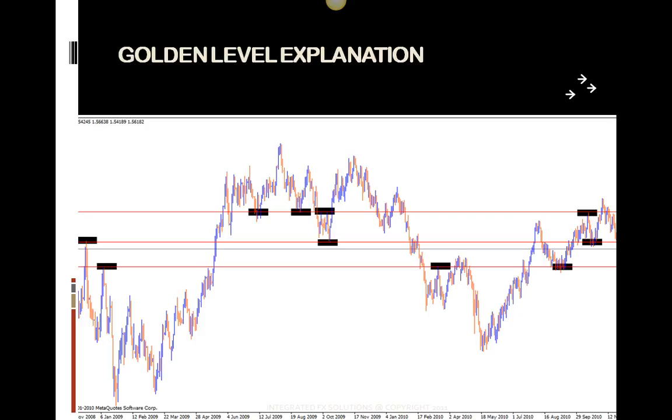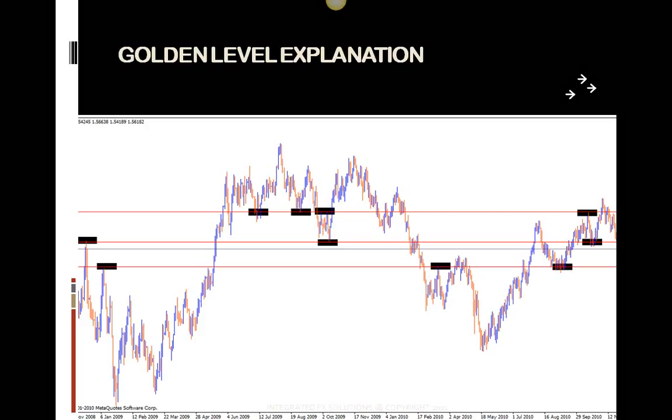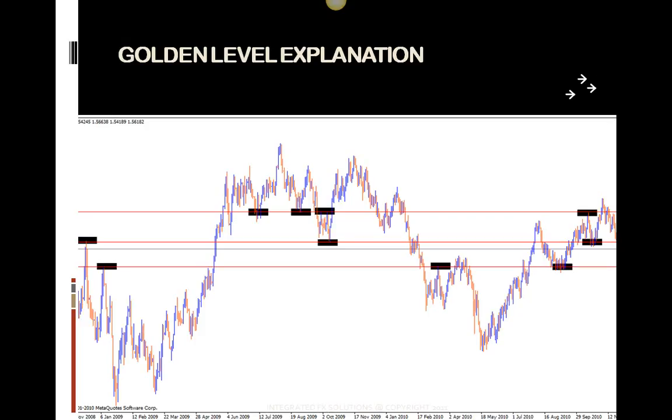Once the golden level has been established, when there was a flip between support and resistance, at the next point of contact of the golden level, we saw a reaction. The golden level acted as a strong support for price to rally. The same thing on the third level, and that is how we play with golden level.